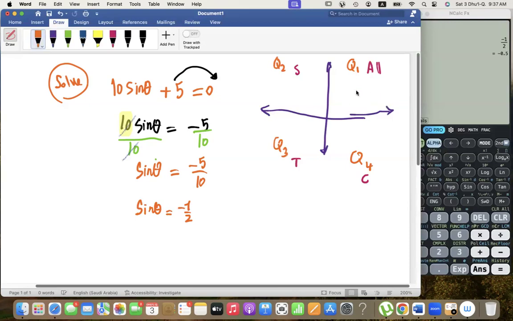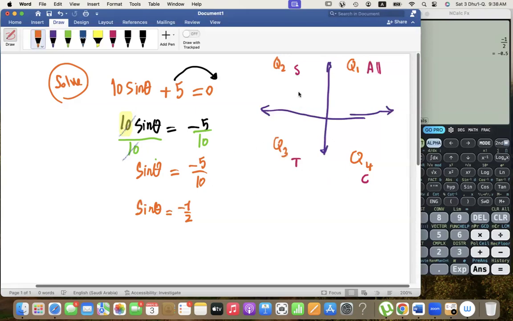All means all of the trigonometric functions are positive. S means only sine and its reciprocal, cosecant, are positive. T means only tan and its reciprocal, cotan, are positive. And C means cosine and its reciprocal, secant, are positive only.